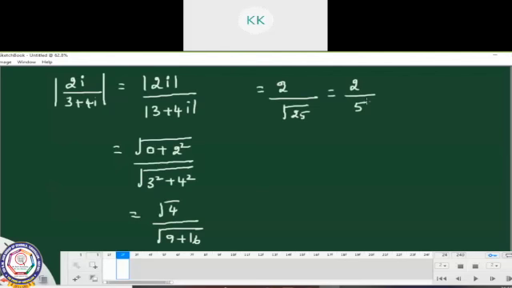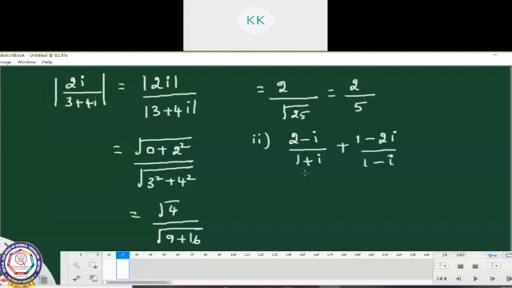Then you move on to the second sum. What is the second sum? 2 minus i by 1 plus i, plus 1 minus 2i by 1 minus i.